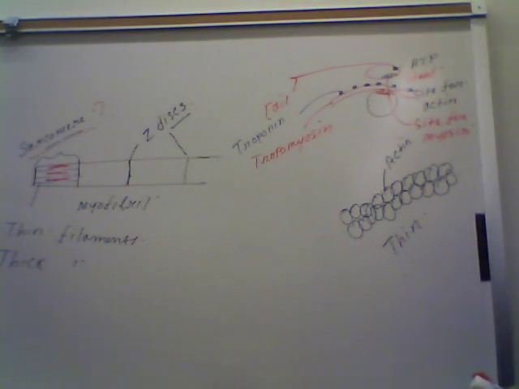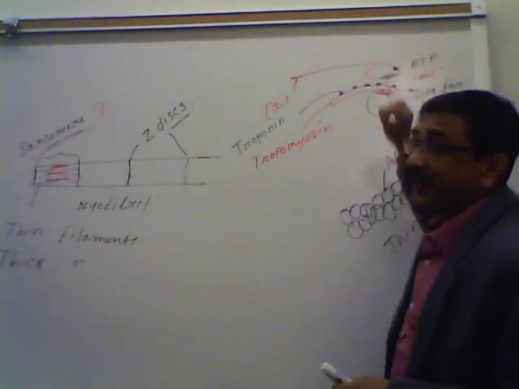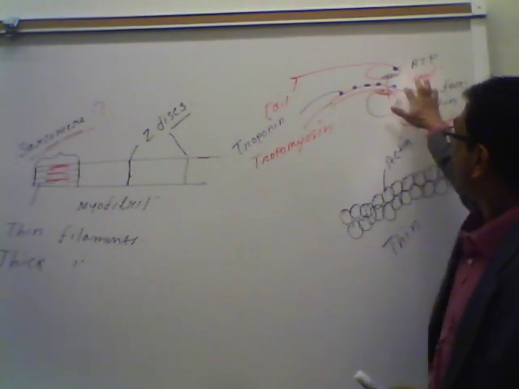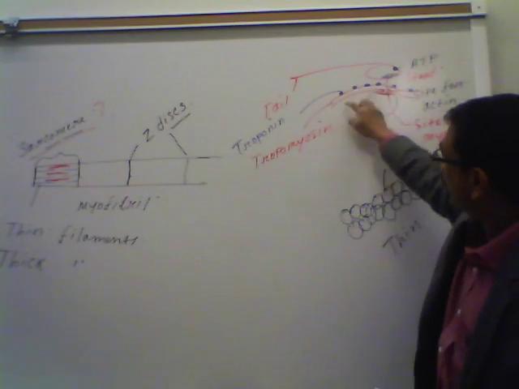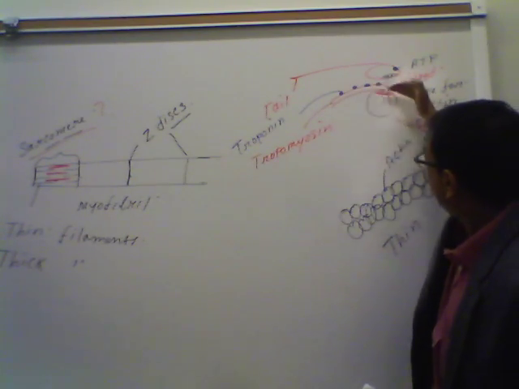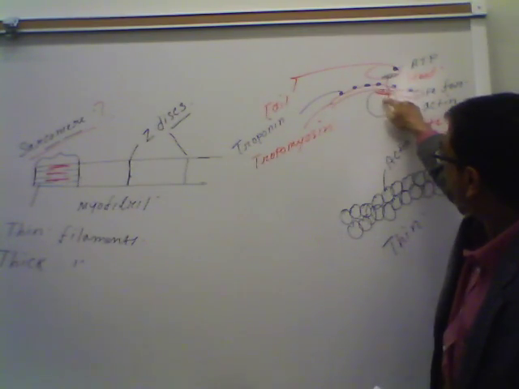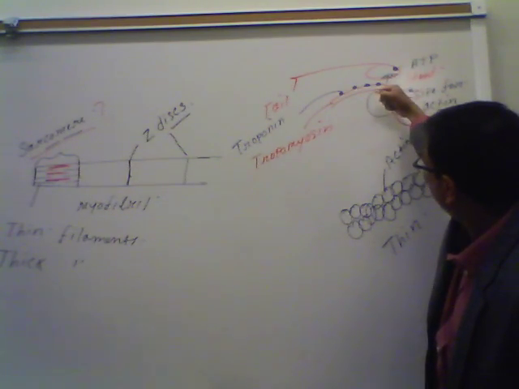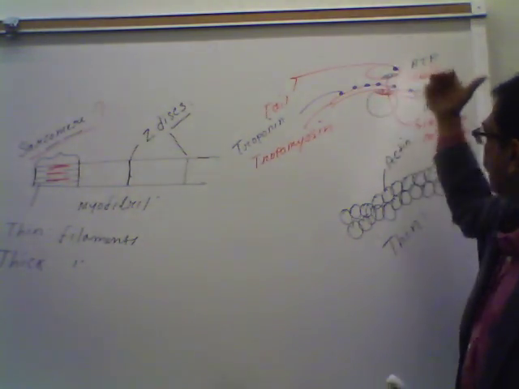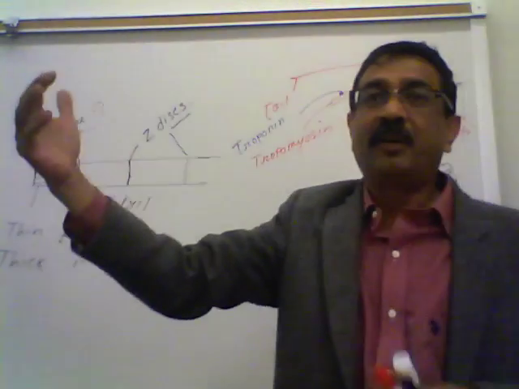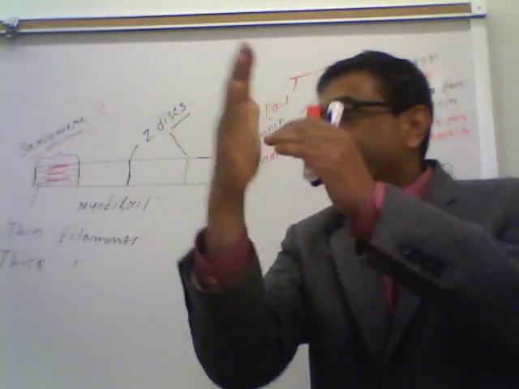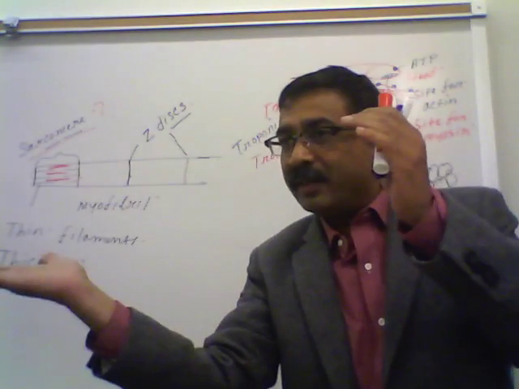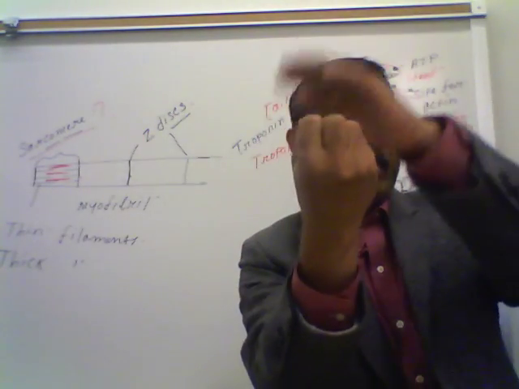Now, the problem here is, since the tropomyosin, that rope, is covering the binding site on actin, the myosin head cannot get attached to it. So first thing, during muscle contraction, what you have to do is move the rope away, so the binding site on the actin ball will get free.